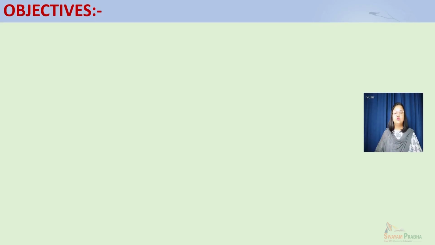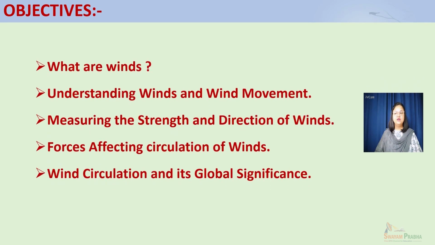The main objective of this particular video is to understand what are winds in general, understanding the general wind circulation and movement conditions. Then we will understand how the strength and direction of winds is measured, what are the various instruments, what are the techniques, and then we will move on to study what are the forces which affect the general circulation of winds.